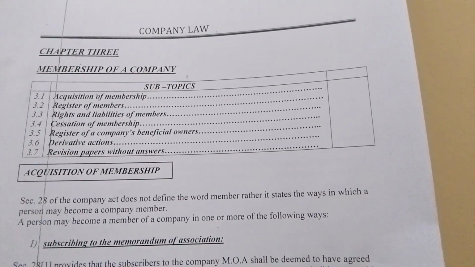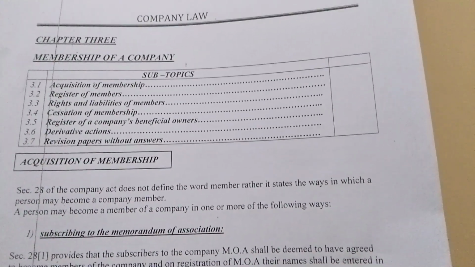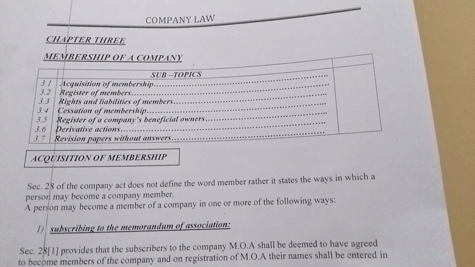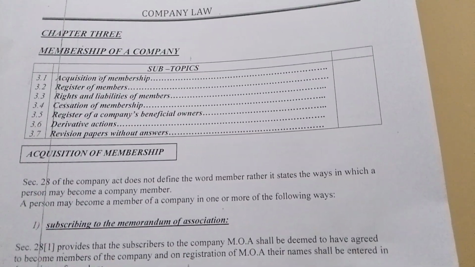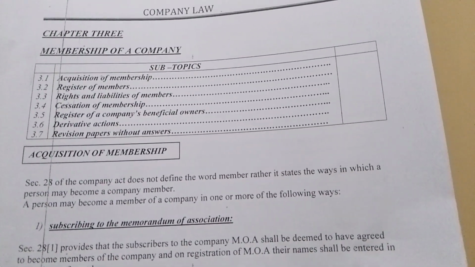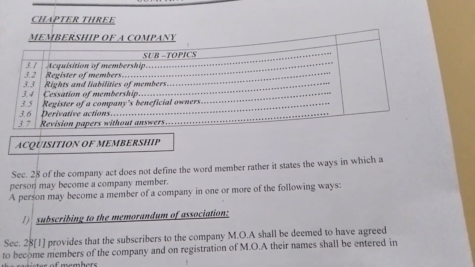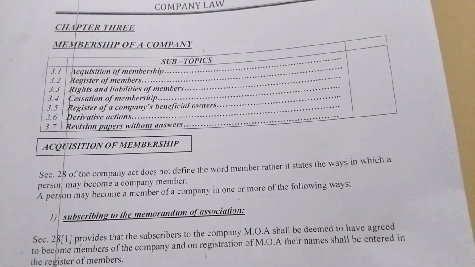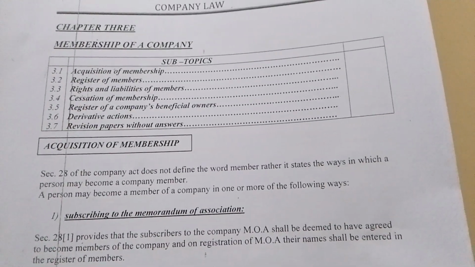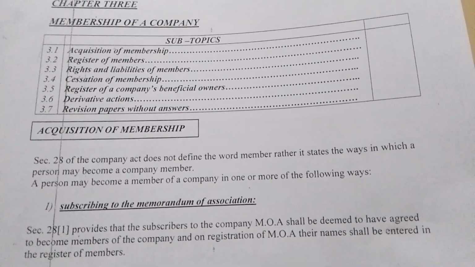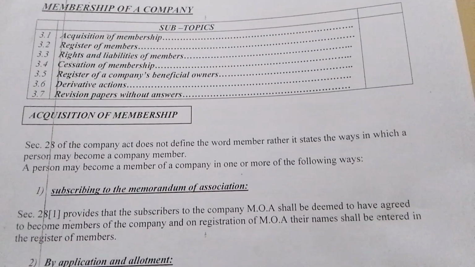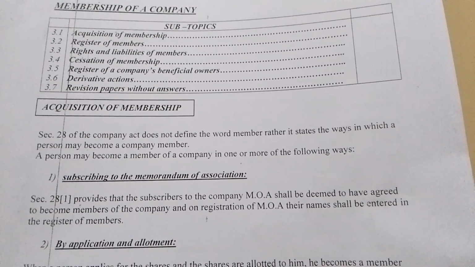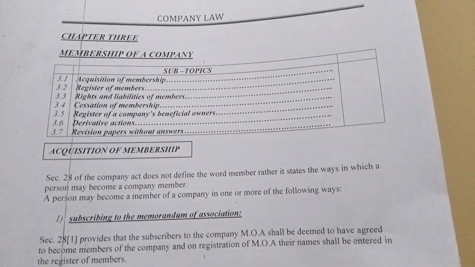You will study acquisition of membership, that is, how do you become a member, register of members, rights and liabilities of members. Under that subtopic, that is rights and liabilities of members, that is where the case in Force versus Abuto comes in. Then cessation of membership, register of a company's beneficial owners, and then derivative actions.